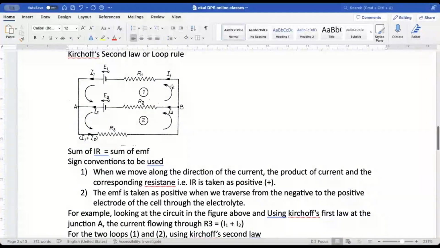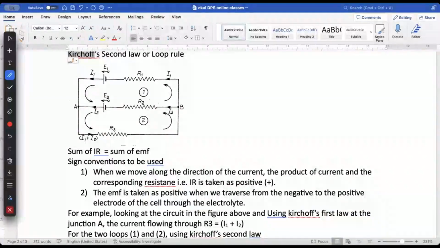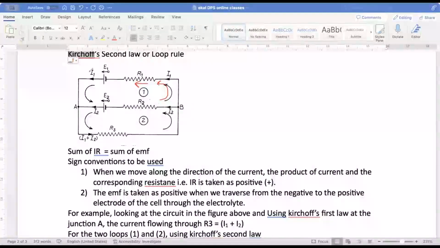This is the direction of the loop we have taken. This I1 is moving in this direction through R1. So we have I1 R1.